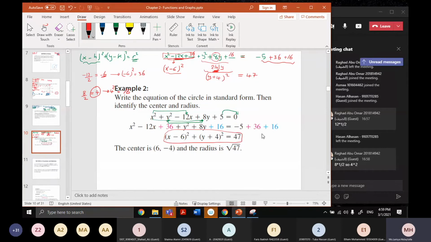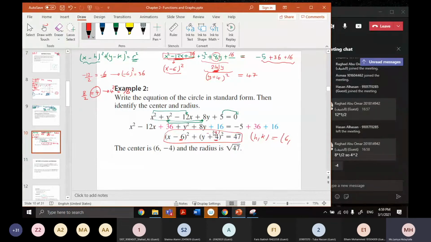And easily from here, what is the center? The center is (h, k). So here h is 6. What about the k? It must be minus, so here this is minus 4. Correct? So the center is 6 and minus 4.